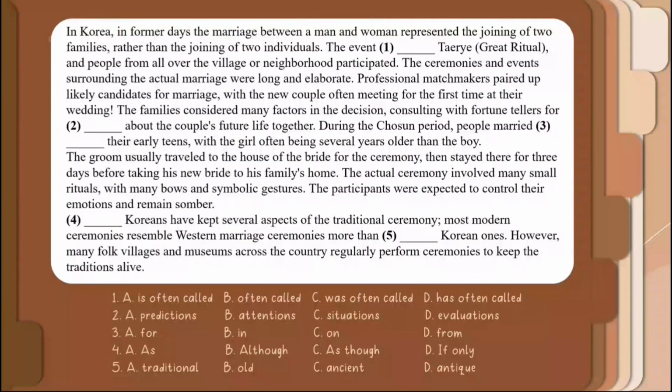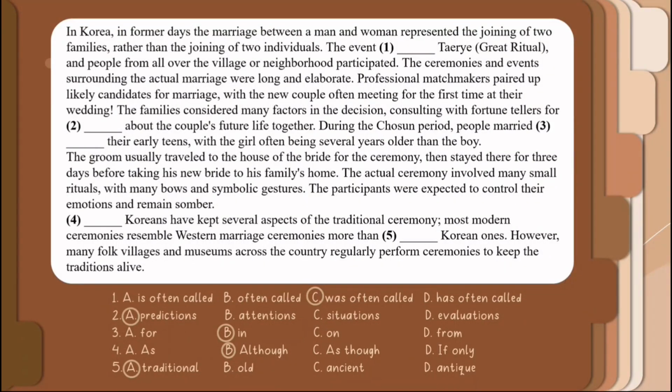For the next passage, number 1 is C. Number 2 is A. Number 3 is B. Number 4 is B. Number 5 is B also.